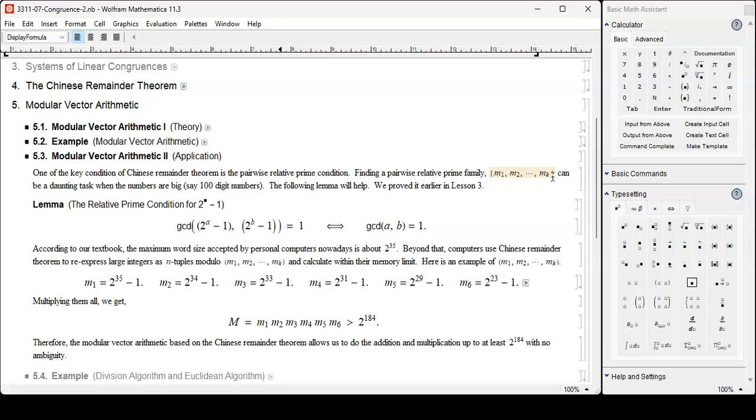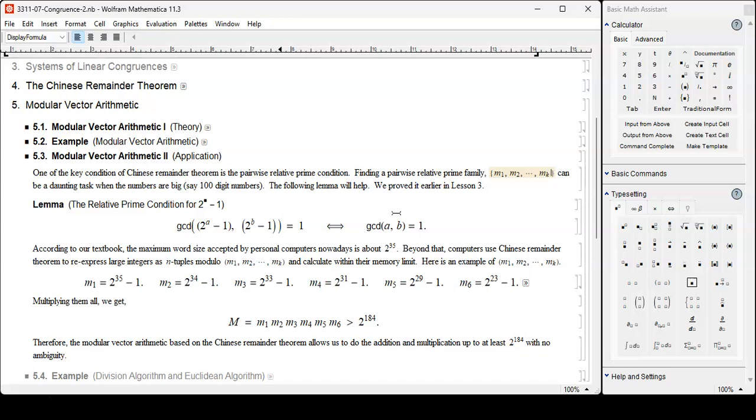You see, we used those 4 moduli, m1, m2, m3, and m4, pretty close to 100, so that you could calculate 6-digit number addition using only the memory limit of 2 digits.